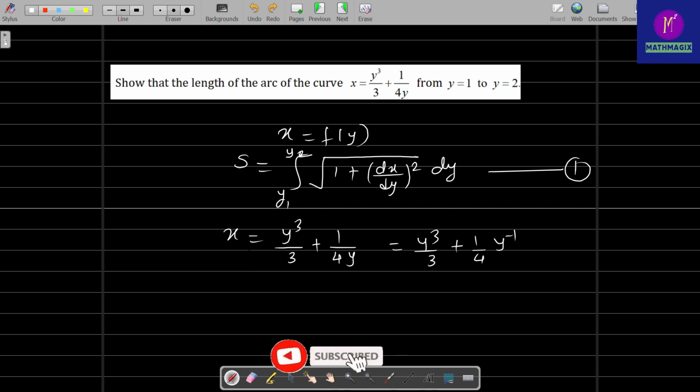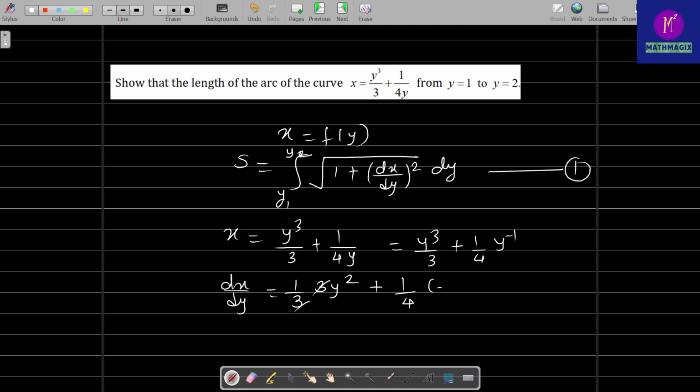So now let us find out the derivative of this x with respect to y. So dx by dy is equal to, here 1 by 3 is constant, let us write it as it is. The derivative of y cube is 3y square. This 3 gets cancelled out. Here again in this part 1 by 4 is constant, and the derivative of y raised to minus 1 is minus 1 y raised to minus 2.